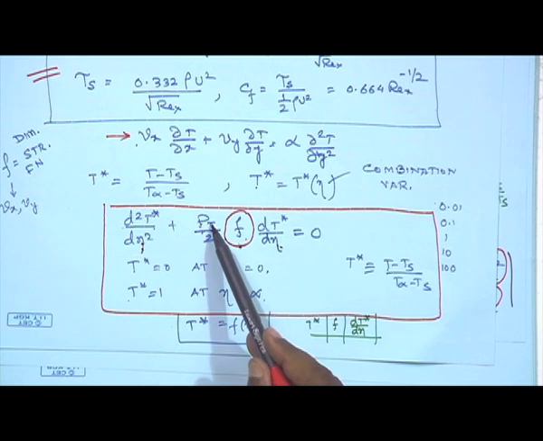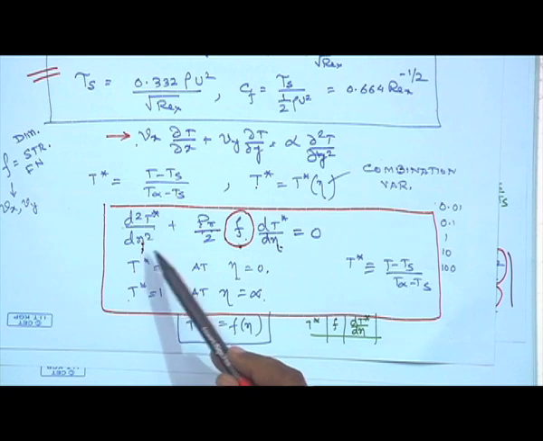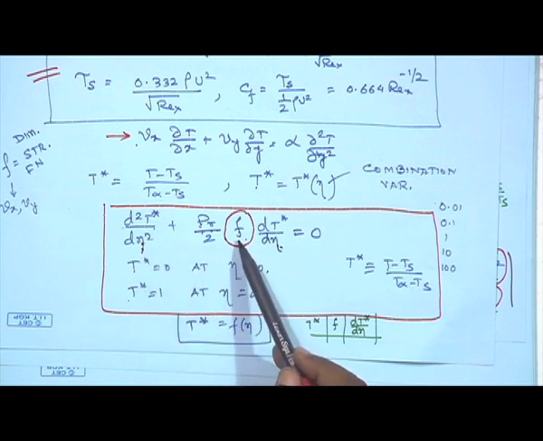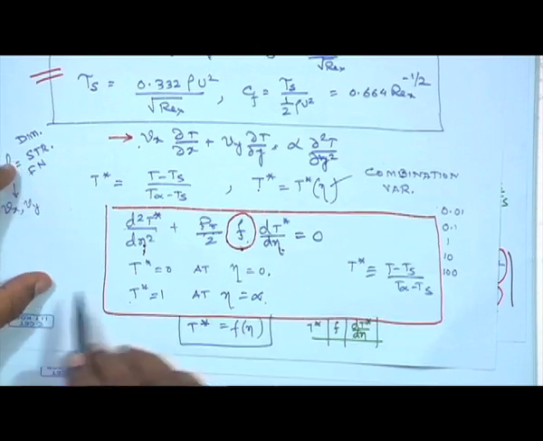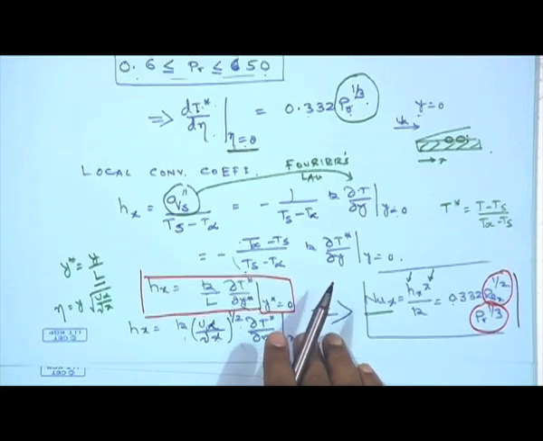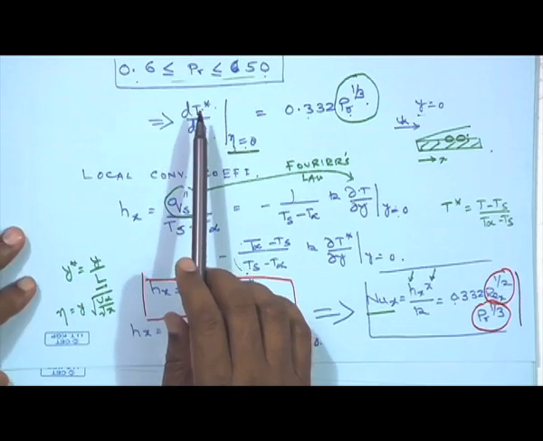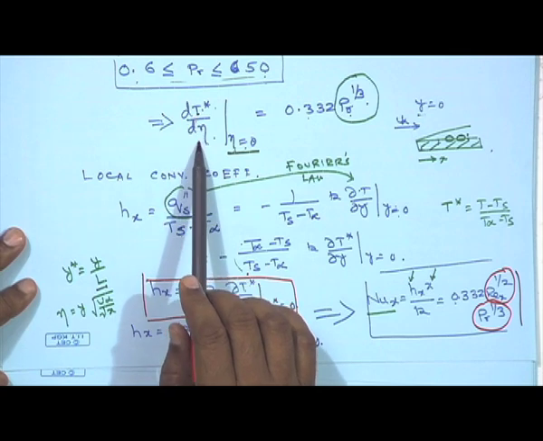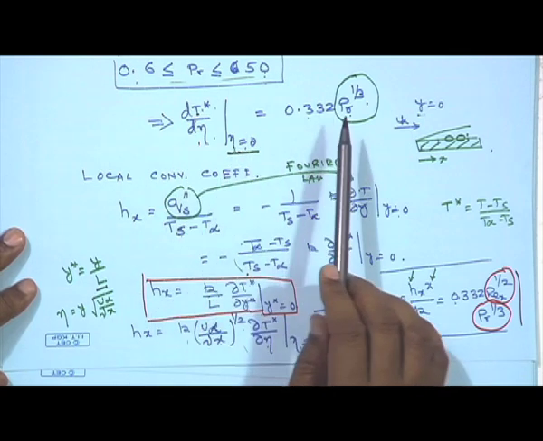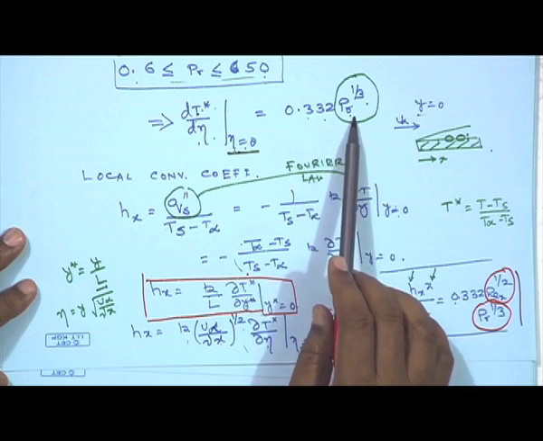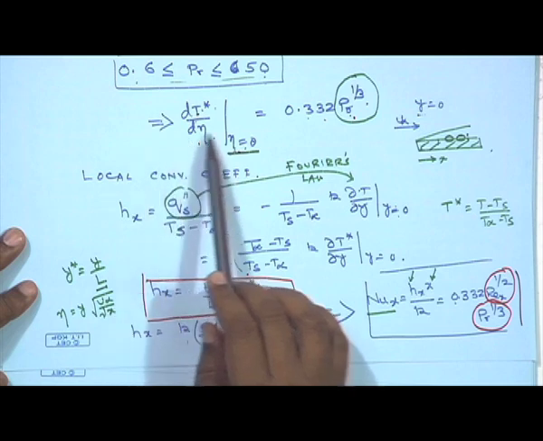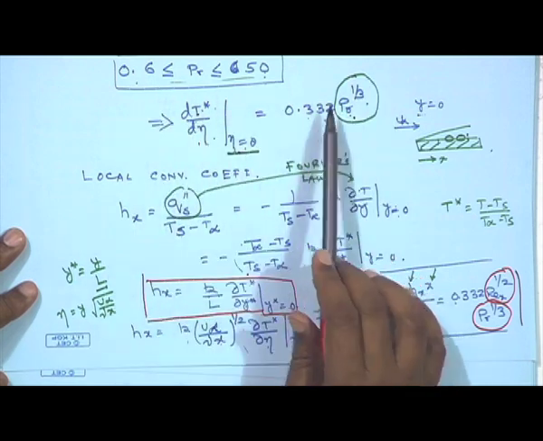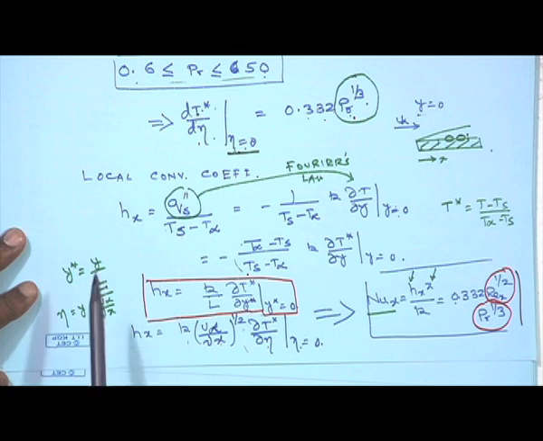So, if you assume Prandtl number and start solving with the values of f obtained previously, you get a series of solutions. When you look at the series of such solutions, you see that the temperature gradient at eta equals 0 can be fitted to a function of Prandtl number. The fitting equation is this: 0.332 Prandtl to the power 1/3.